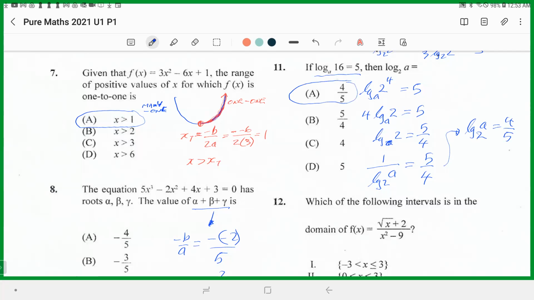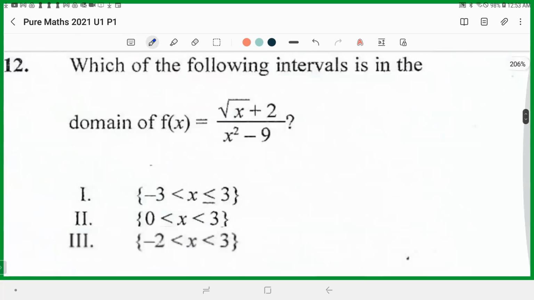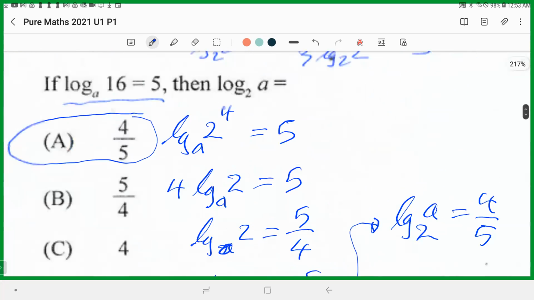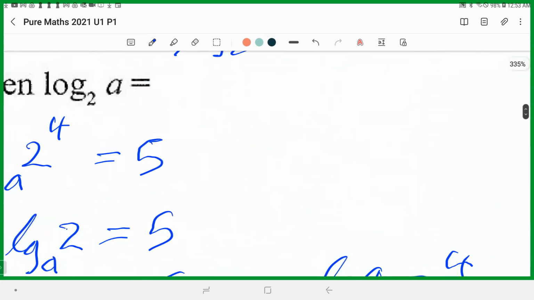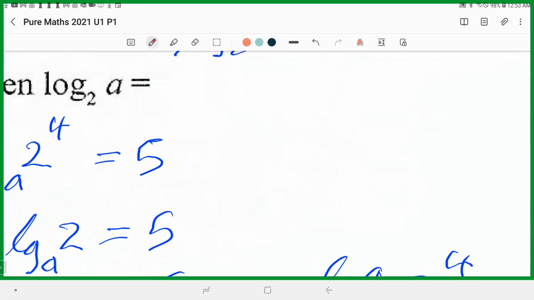All right, let me show you this law now. Let's put down a box in red. You have to know the laws of logs. Change of base law. Watch this now. Log of a number to a base, you can have a new base.